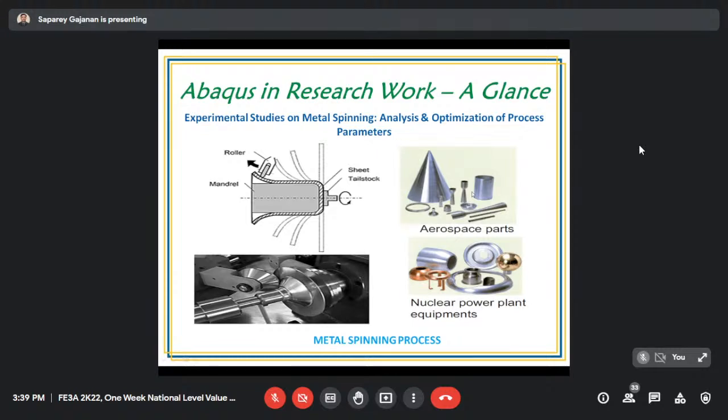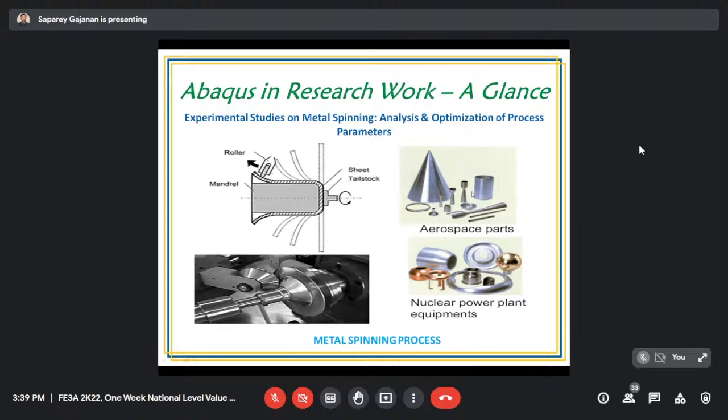So in that situation, we need to act and give the solution: what are the best, optimum parameters that we can select? After getting the parameters, we need to do some experimentation and collect the data.